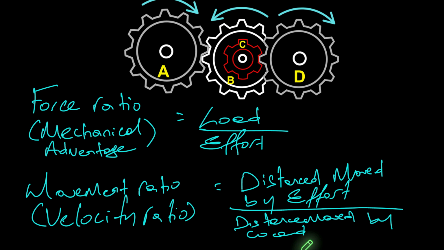So what I'll do now, I'll just analyze this gear train for you to see what the formula looks like if we were to find the movement ratio, or if we were to say, given the force ratio, how would we find the efficiency ratio? So let's do that.